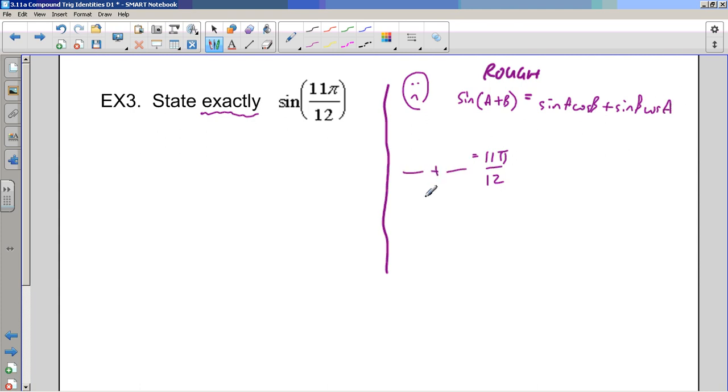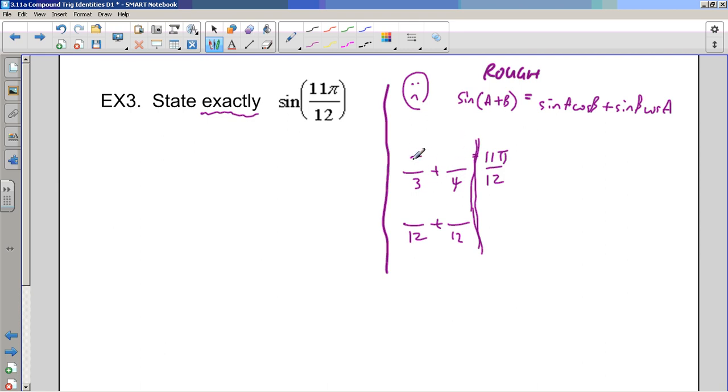Hopefully, you don't have to think too hard: seeing the combination of 3 and 4 written as a common denominator will give me 11 pi over 12, right? Because if I'm thinking about putting these fractions together, that's where I can get a common denominator of 12. And 3 and 4 are known angles, right? These are special angles for me, and I can figure that out.